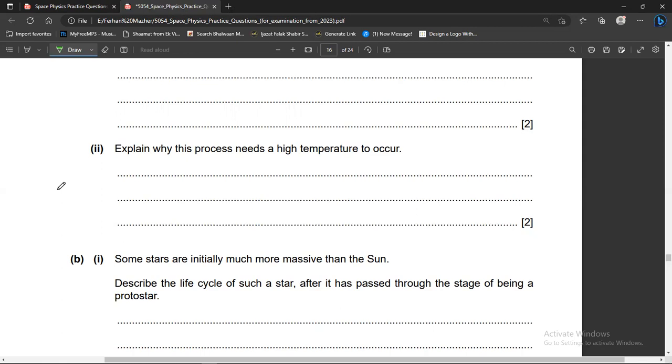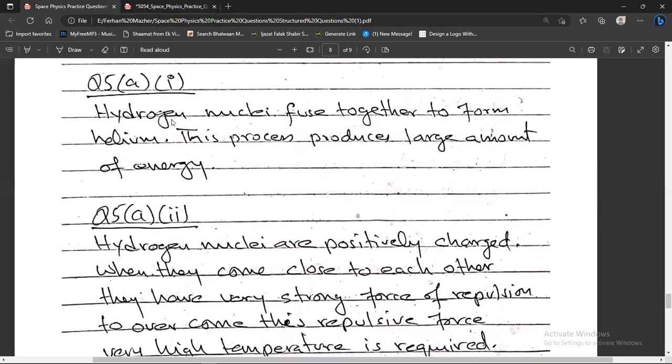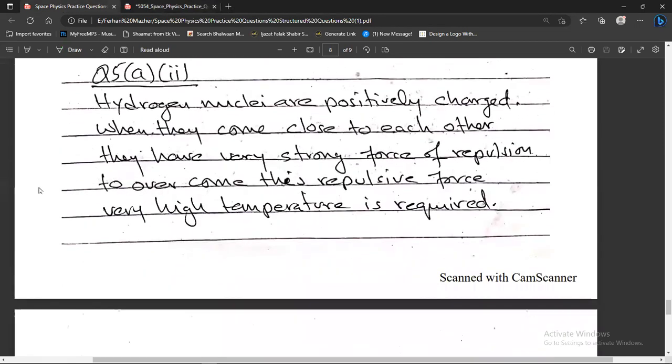When the temperature is high, they fuse into each other, because then they have enough energy that they can overcome the electrostatic force of repulsion between the positive nuclei of hydrogen. Hydrogen nuclei are positively charged. When they come close to each other, they have a very strong force of repulsion. To overcome this repulsive force, very high temperature is required.